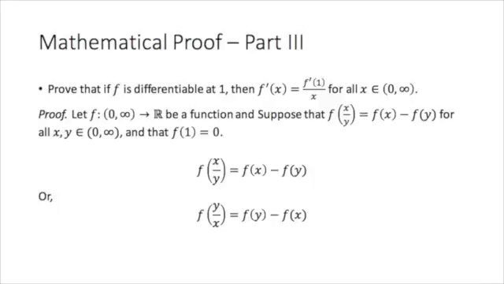We want to prove that if f is differentiable at 1, then f prime of x is equal to f prime of 1 over x for all x in the open interval. Again, we have the given as shown, but we want to note one thing. f of x over y is equal to f of x minus f of y is the same thing as f of y over x equals f of y minus f of x, because the x and y's are dummy variables.